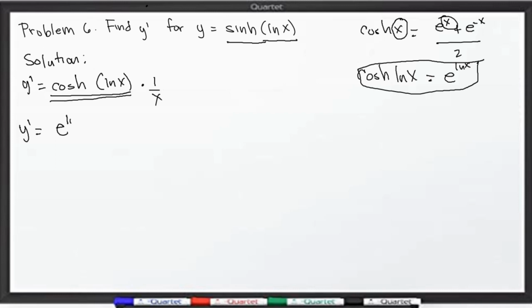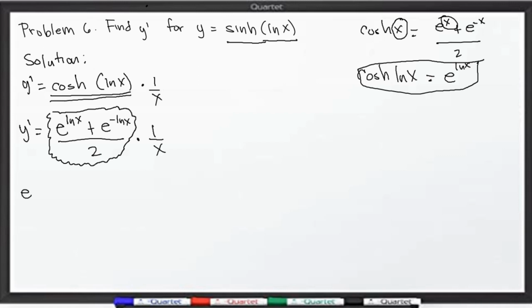e to the ln of x plus e to the negative ln of x over 2 multiplied by 1 over x. Okay, ito po ay definition, ano? Verify definition. Tapos, ito raw pong e to the ln of x, may identity raw po yan is equal to x.